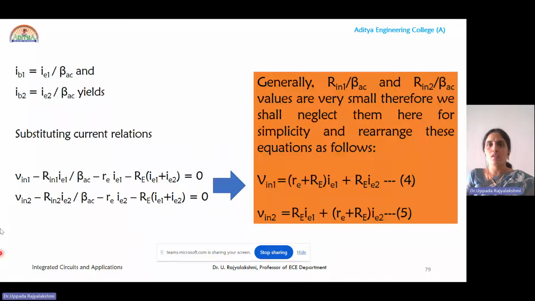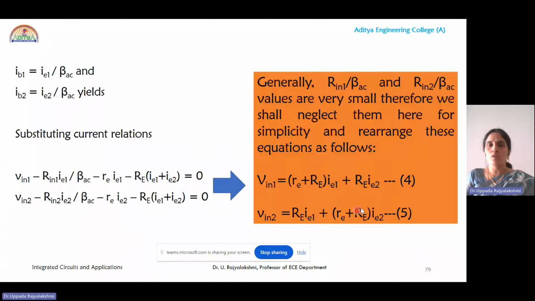Beta AC is high, and Rin1 is very small compared to capital RE. Neglecting Rin1 by beta AC, you get Vin1 as small re plus capital RE into IE1 plus capital RE into IE2. Similarly, we obtain Vin2 as capital RE into IE1 plus small re plus capital RE into IE2.